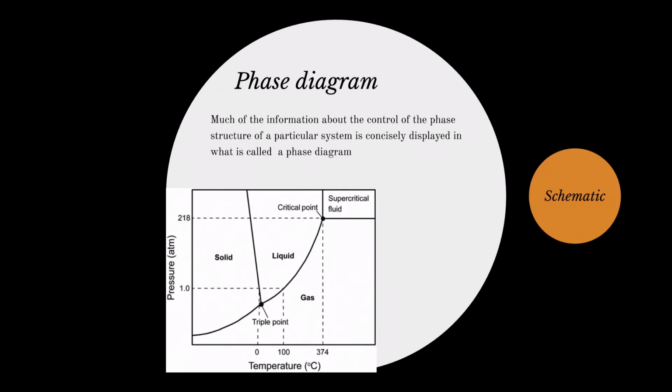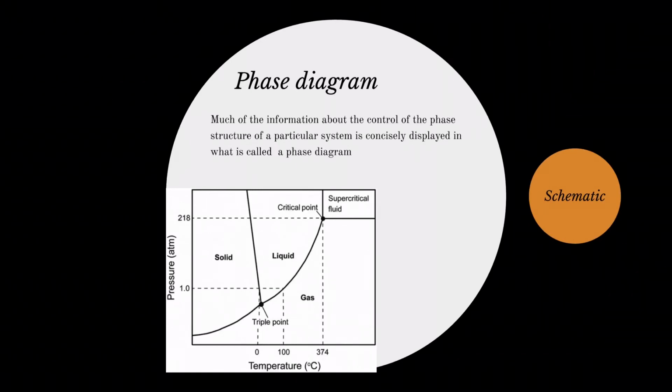But how about other materials? Especially solids, they also have this kind of diagram. We call it a phase diagram. So phase is not only solid, not only liquid, not only gas. It can be different solids.